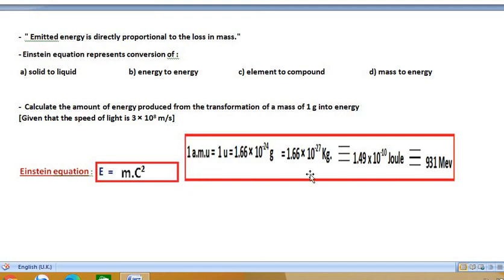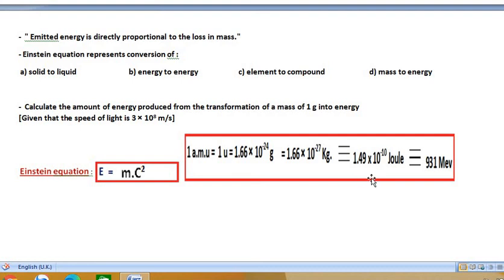Also, you can use this relation by putting here 1 gram. Put 1 gram here, down the grams, 1.66 by 10 to the minus 24. Put 1 gram here, and put here, if you want to get it in joules, put x here.